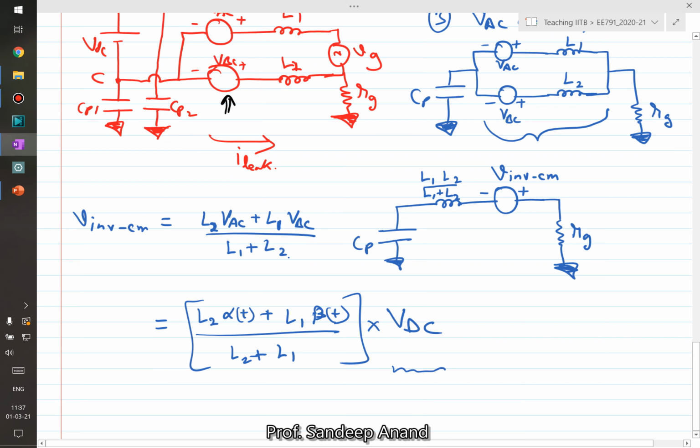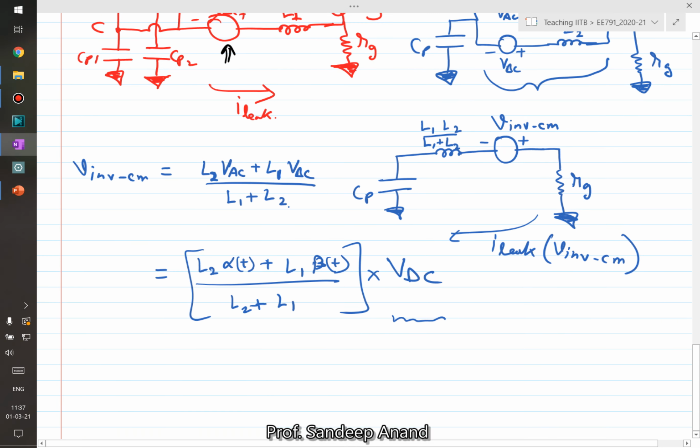So you see the inverter injected common mode voltage is also a function of VDC. And therefore the leakage current is a function of VDC. So this is, let's say, the leakage current, I leakage due to inverter common mode voltage, right? This is the inverter common mode voltage.